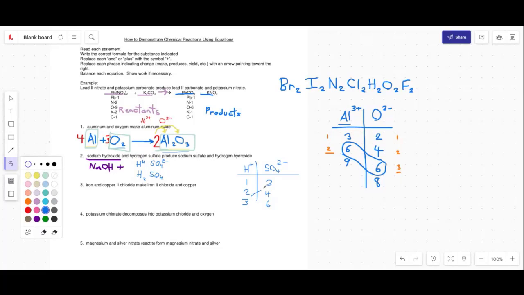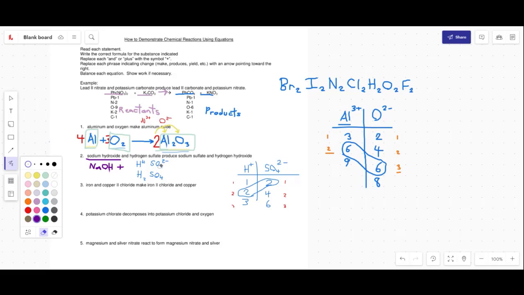The lowest common multiple is 2, which means I need how many hydrogens? I need 2. It's the second multiple. I need how many sulfates? I need 1. It's the first multiple that gives me the 2. Does that make sense? 2 hydrogens, 1 sulfate. Okay.